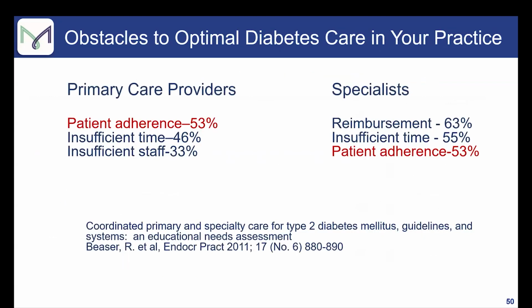Let's see. Then the next couple of slides are looking at optimal diabetes care, the challenges that we all face as providers. And this was a survey of both primary care and specialists dealing with diabetes. As you can see, there's a couple of things that are in the top 3 for both groups.